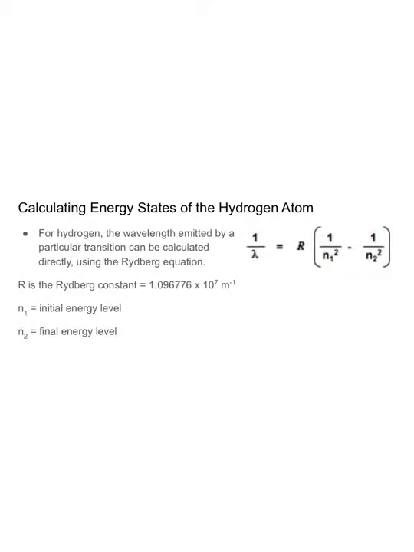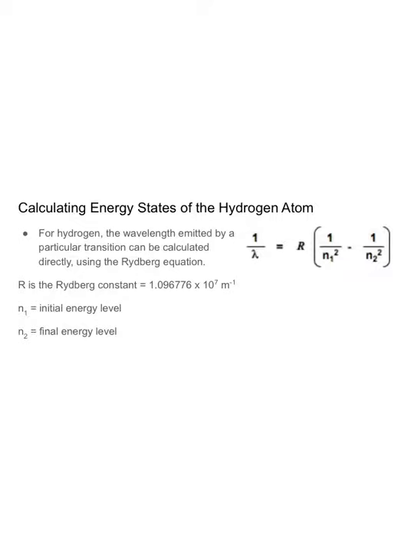This formula actually doesn't look that complicated, but in the scope of this class, we don't have to do anything with it. We just have to understand that the difference between the initial energy level and the final energy level is essentially equal to the wavelength that we can calculate. So we can use this formula to understand a little more about what's happening with the hydrogen atom and its electrons.